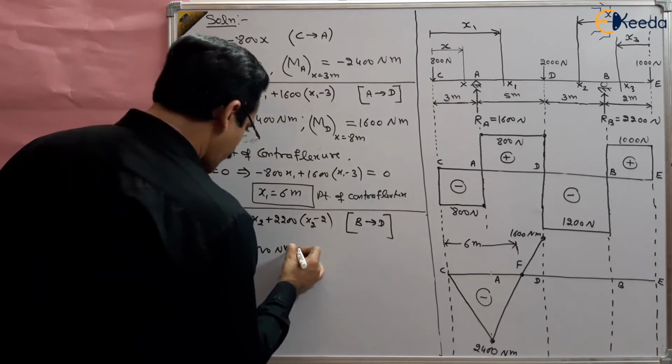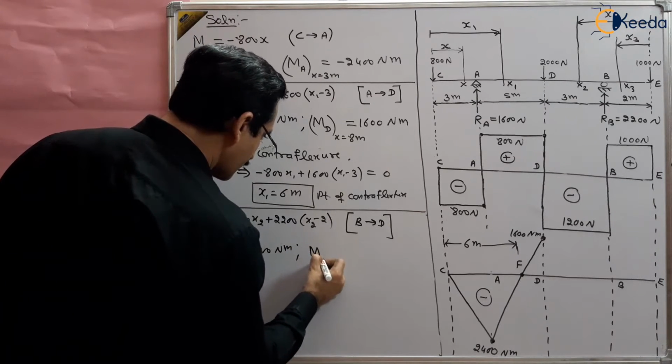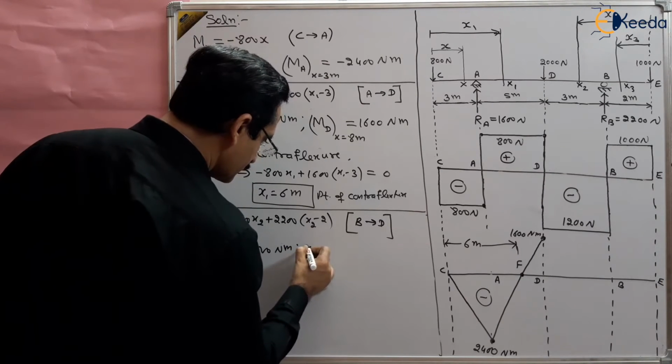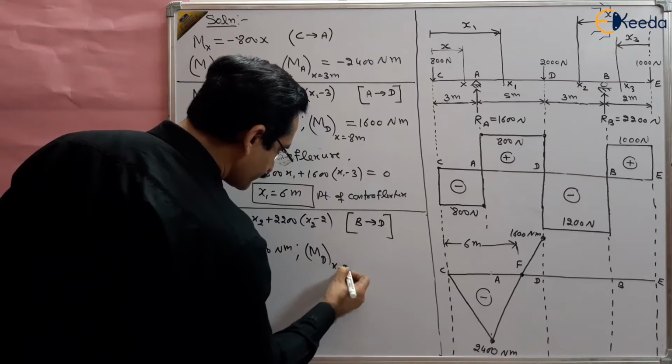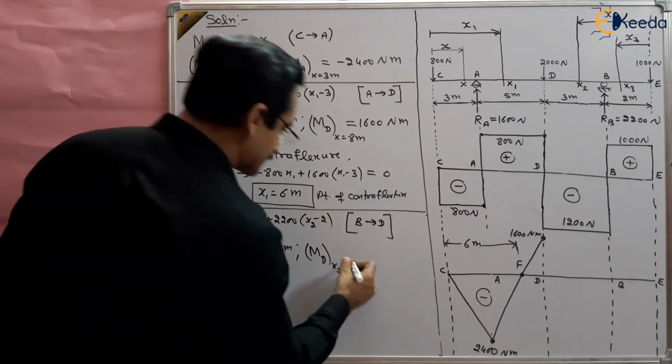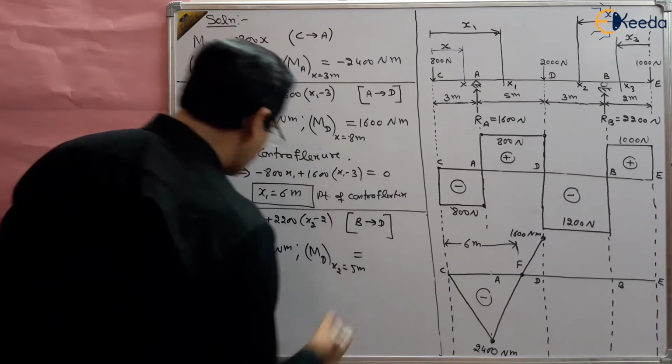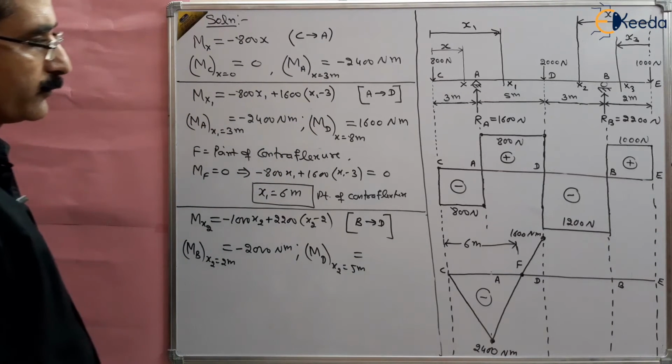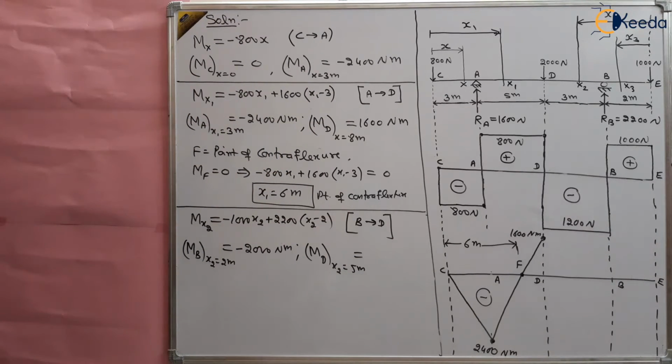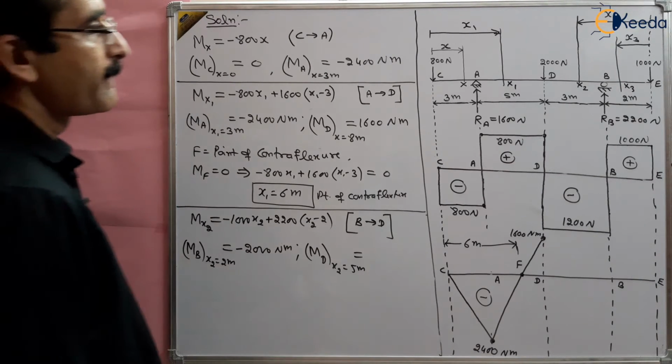And find out the value at MD, at x equal to 5 meters. You will get the value as 1600.